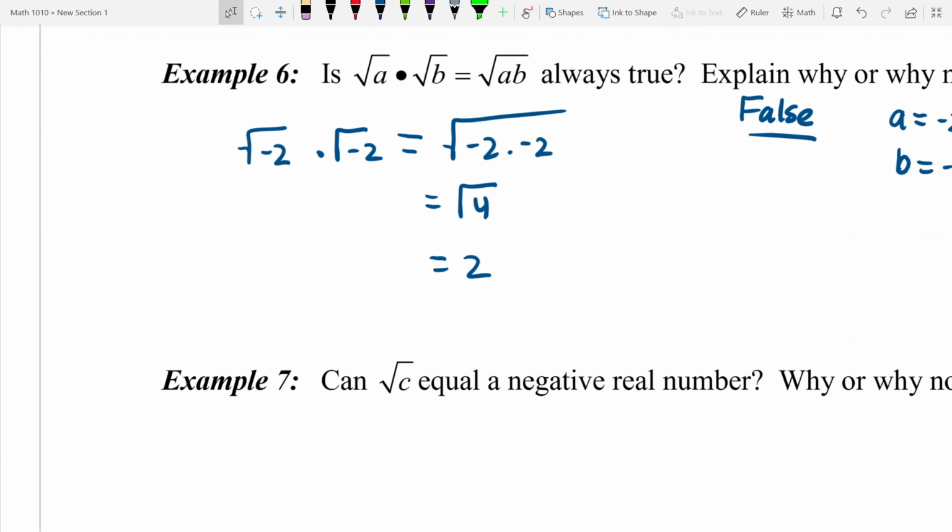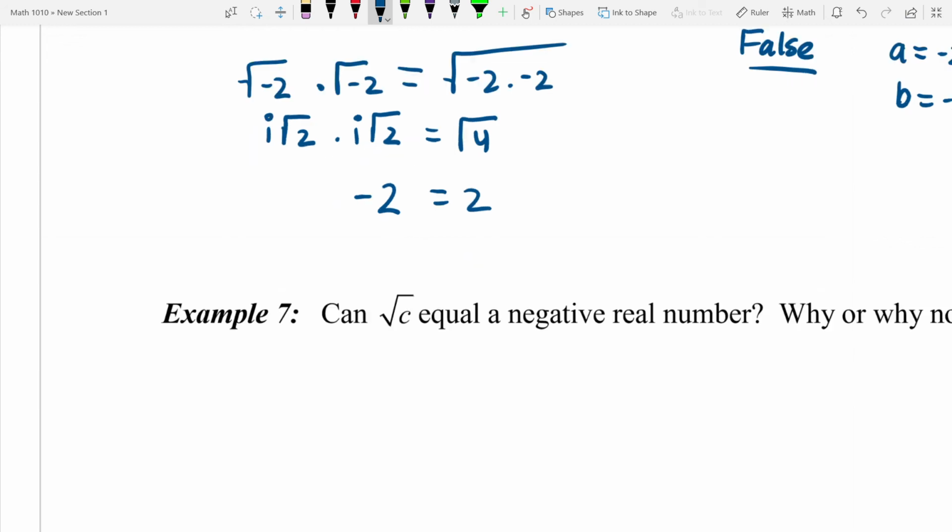The square root of a negative 2 is i times the square root of 2. So the square root of 2 times the square root of 2 is 2. Does anybody remember what i times i is? It is a negative 1, so that would give you that. I wouldn't worry about that much right now. We haven't even talked about imaginaries yet, okay?